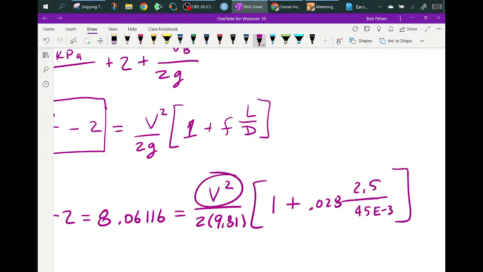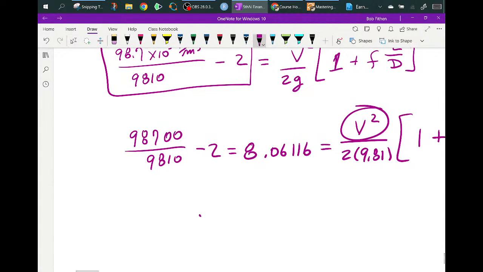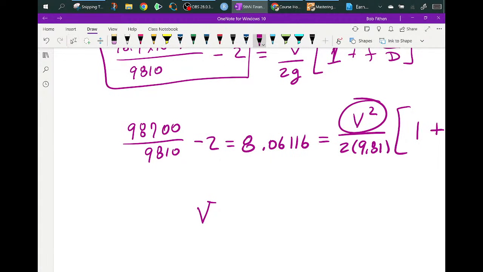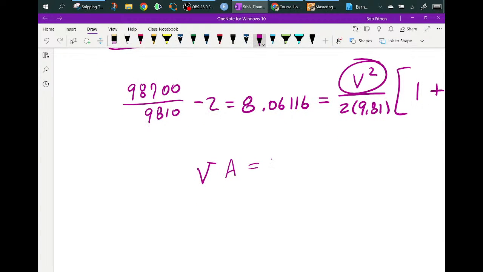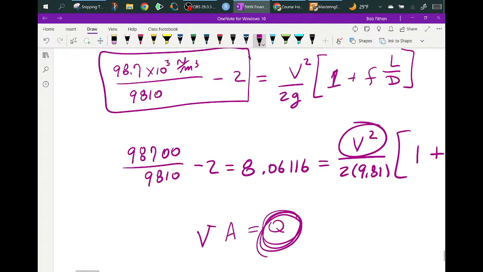So you solve for V, you go through the process. Once you get your V, to actually find the answer you will have to multiply it times your area to get your Q, because this is what he's asking you for.